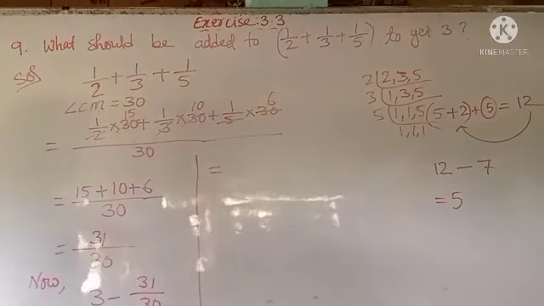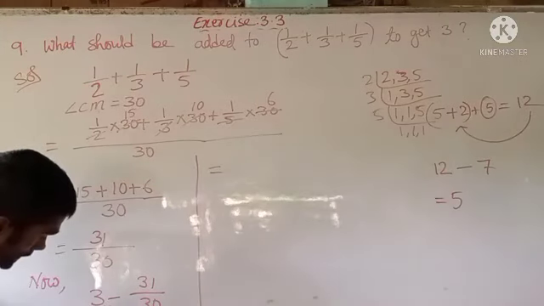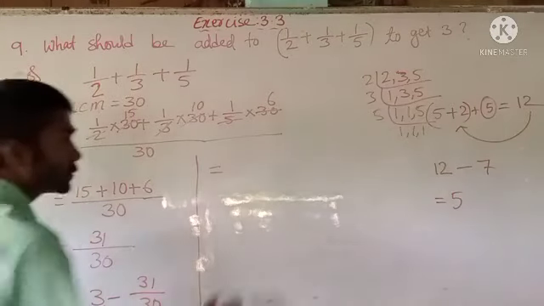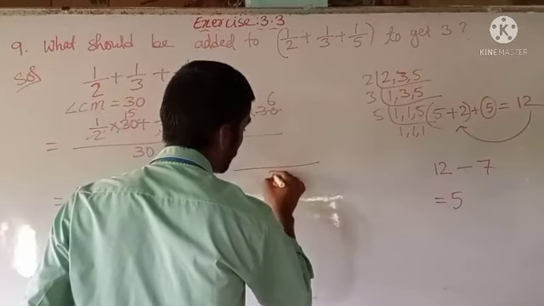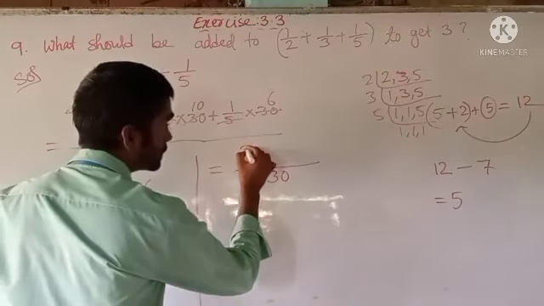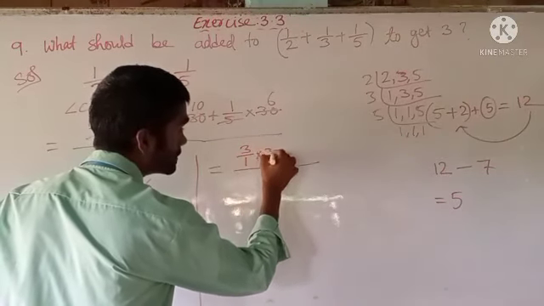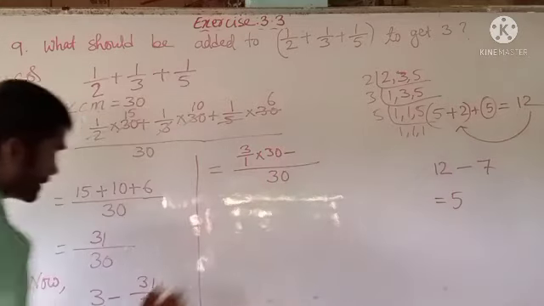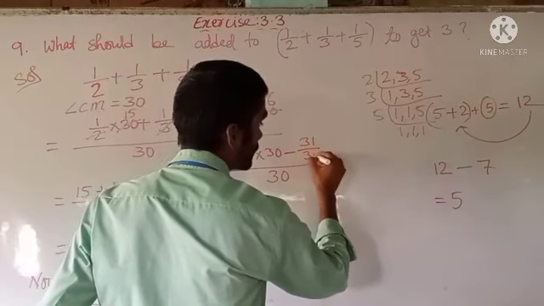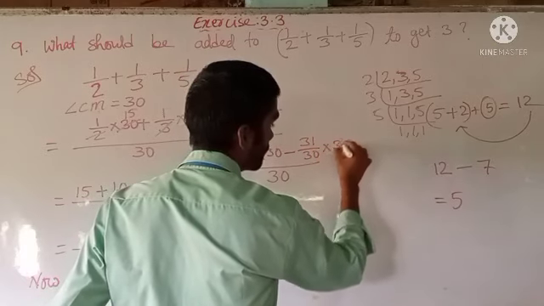Here downside we can say that 1 is there, because every integer has 1 in its denominator's place. So LCM of 1 and 30 will give the same result, that is 1 into 30. So we'll write here the LCM of these two is 30. So 3 by 1 into LCM, that is 30, minus 31 by 30 into LCM, that is 30.